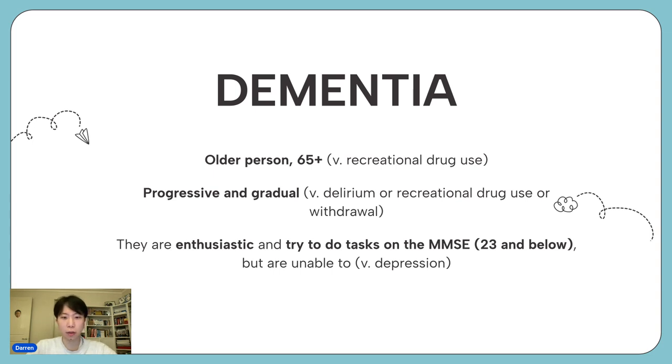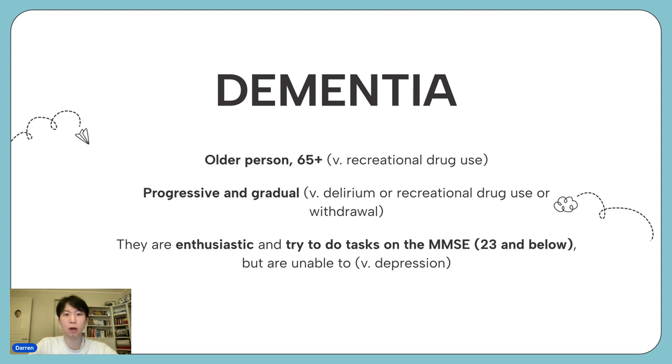And the third point is one that I found helpful, particularly this year, because we learn a bit more about dementia and depression. But how do you differentiate the two? So one way is that with MMSE tasks, people with dementia will attempt the task but not be able to do it. So they may not be able to draw the clock, or may not be able to name what you told them to remember.